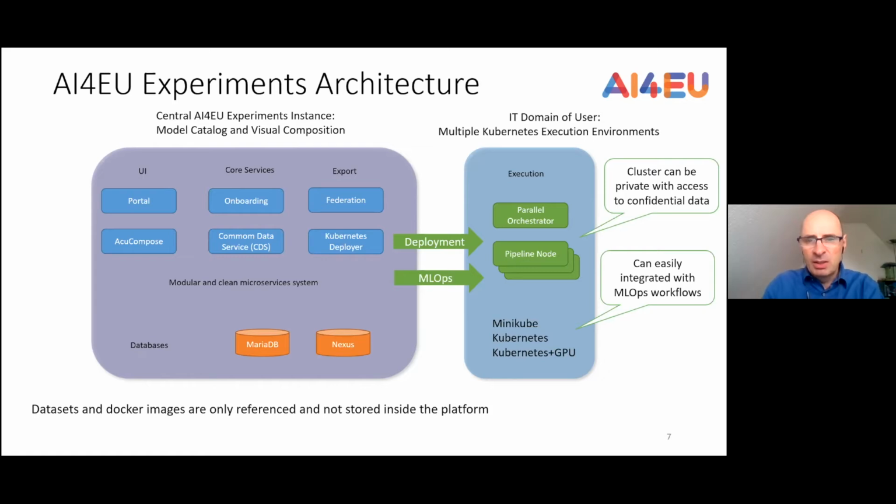The two green arrows make the transition between the central instance and the deployment into an execution environment. Currently, we support different Kubernetes flavors: Minikube on your laptop, Kubernetes plus GPU, but it can be many more.